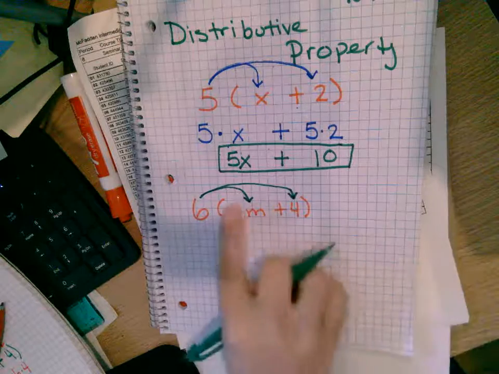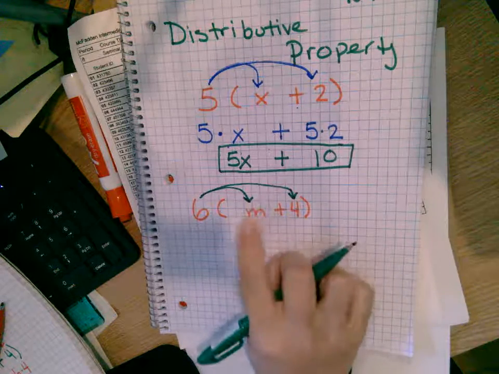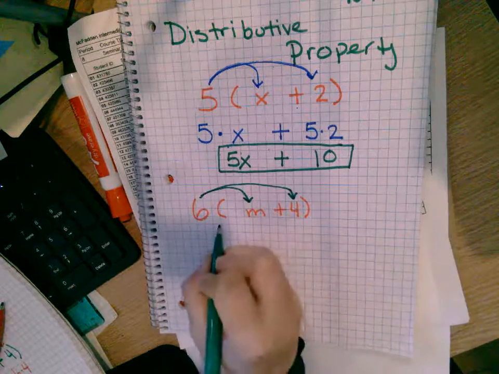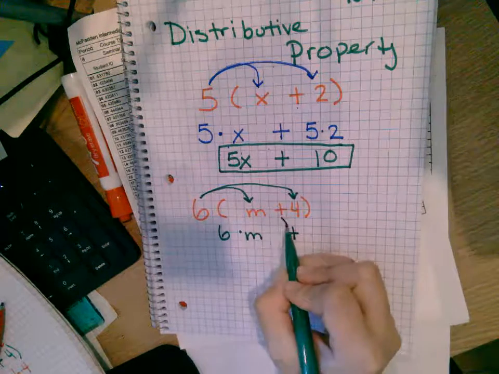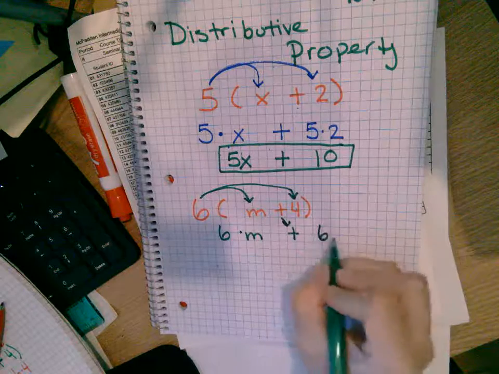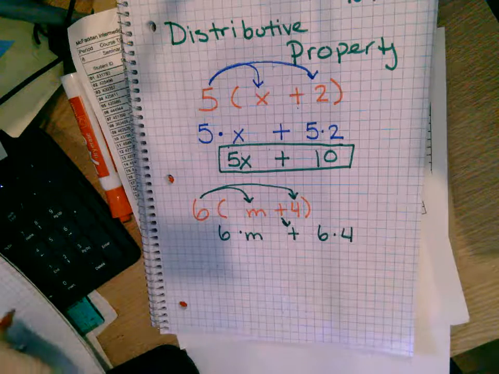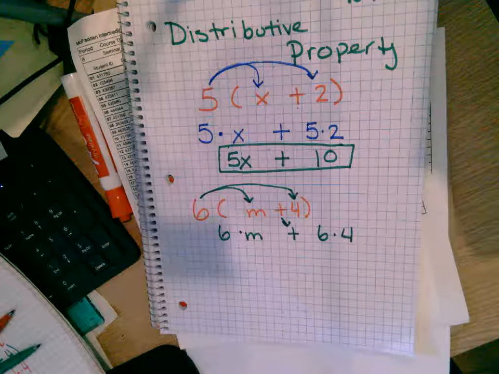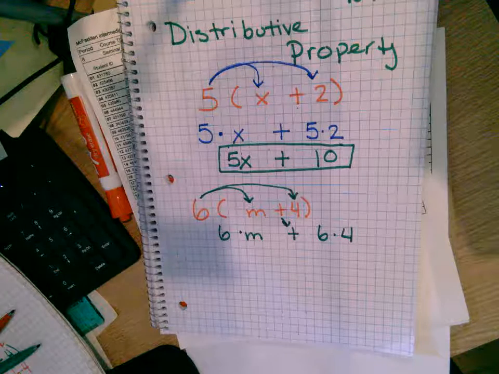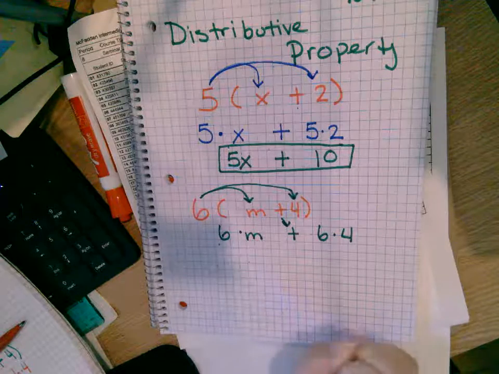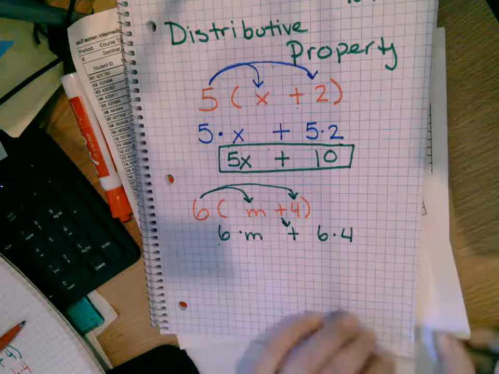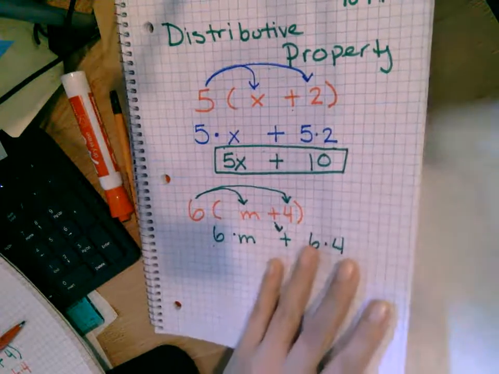You give everyone in your group that you're trick-or-treating with the same amount. So it'll be 6 times M plus whatever this is. You just bring it straight down, 6 times 4. All right. What's 6 times M? 6M. Very good. So we're going to write that down.